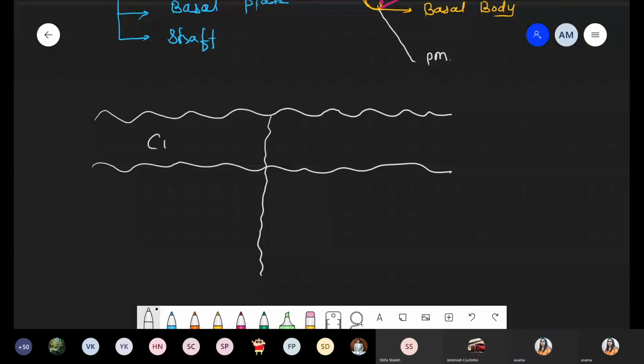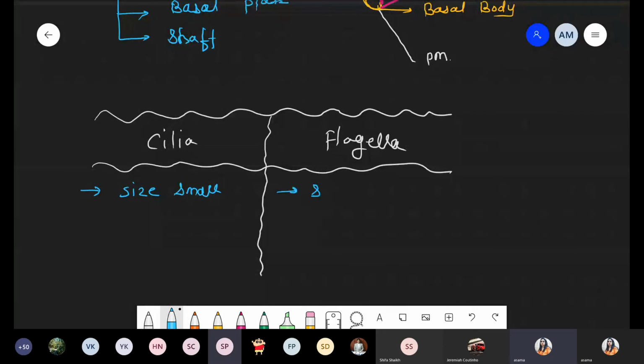Next point, that is the difference between cilia and the flagella. We just want to discuss just 2 points. First point, cilia, if I'm talking about the size, with respect to size, small size. And when we compare this point with flagella, that size is quite long.